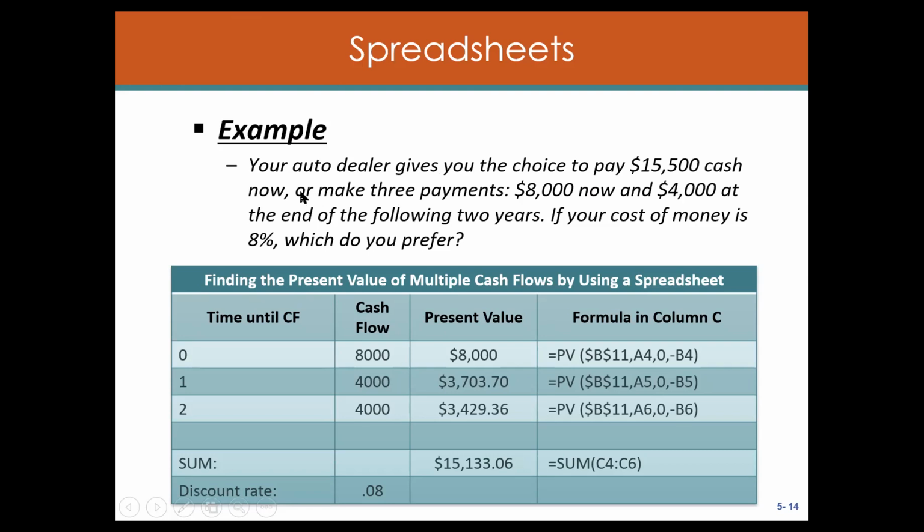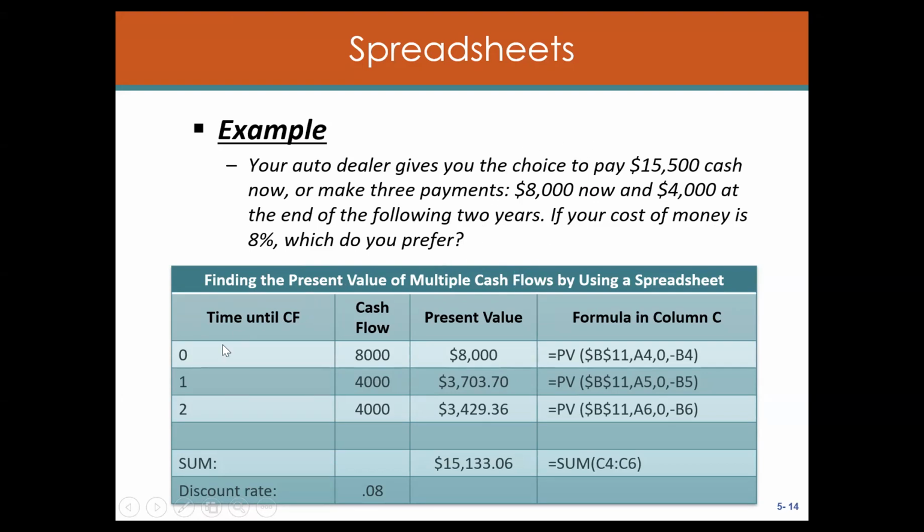Your auto dealer gives you the choice to pay $15,500 cash just now, or make 3 payments: $8,000 now and $4,000 at the end of the following 2 years, the cash flow that we were looking at. If your cost of money is 8%, what do you prefer? Notice the example that we did earlier. Now we are applying it here.